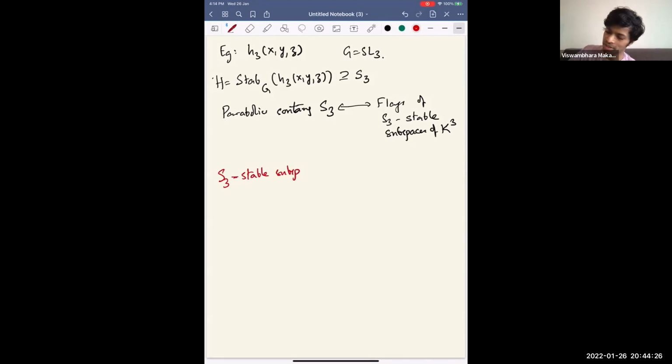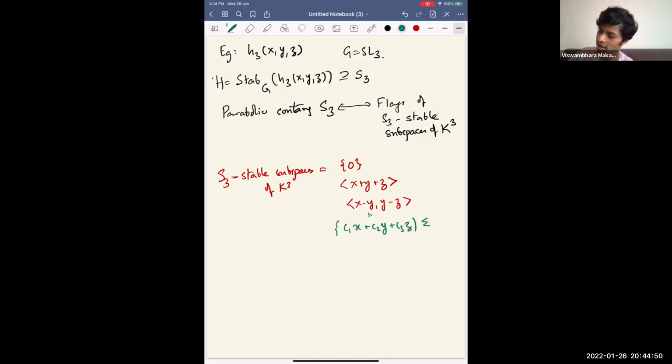S3 stable subspaces of K3 are basically 4 of them, 2 of them being pretty trivial: the 0 subspace, the span of x plus y plus z, the span of x minus y and y minus z, which, let me write it down in a different way, is c1x plus c2y plus c3z, such that the sum of ci is 0. And the last one is basically all of K3.